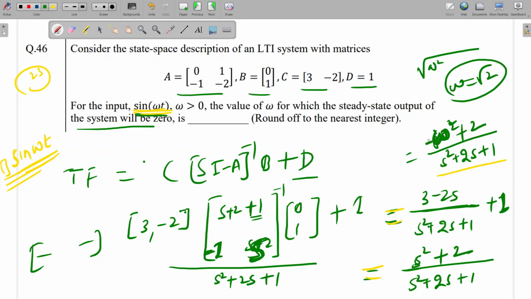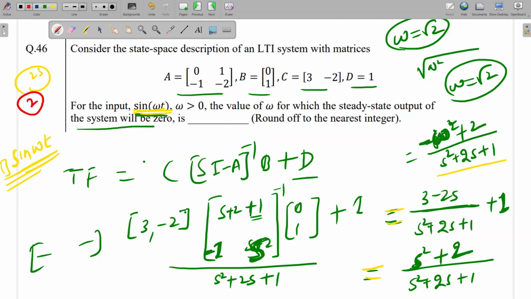Then only, see, this j omega I am putting here, correct? Plus 2, s square plus 2s plus 1. So omega will be equal to under root 2. Is it clear? Maybe some mistake is there. I think I have the answer, but the answer is 2, I think. Maybe we are making some mistake.